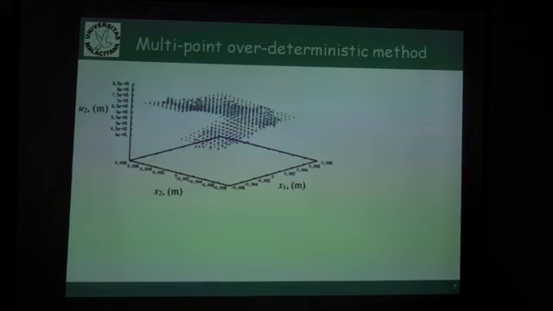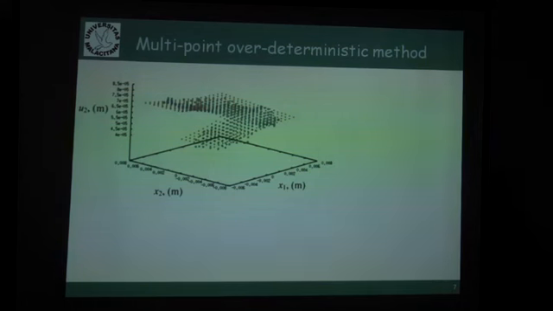All these works are basically based on the multi-point over-deterministic method that our colleague from Urbino introduced before. We have an elastic model describing the crack tip field, and we fit that model to experimental data points, in our case displacement data points.